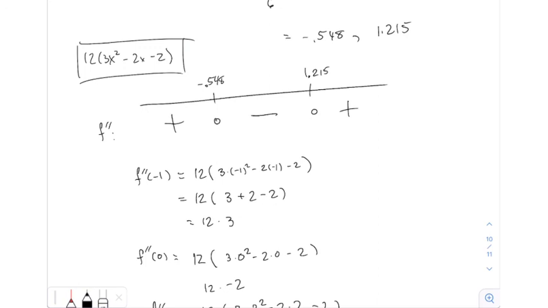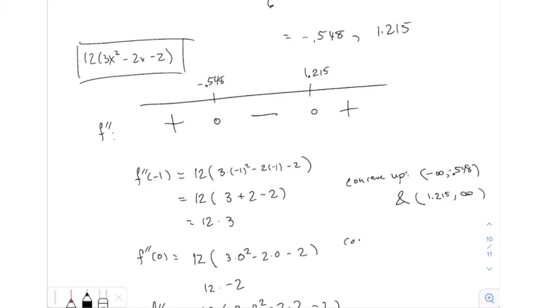Okay, we're pretty much done at this point. My final answer should be intervals. Where is it concave up versus concave down? You just look at the signs here. So my final answer is it's concave up on the interval minus infinity to negative 0.548, and also concave up on the interval 1.215 to infinity.